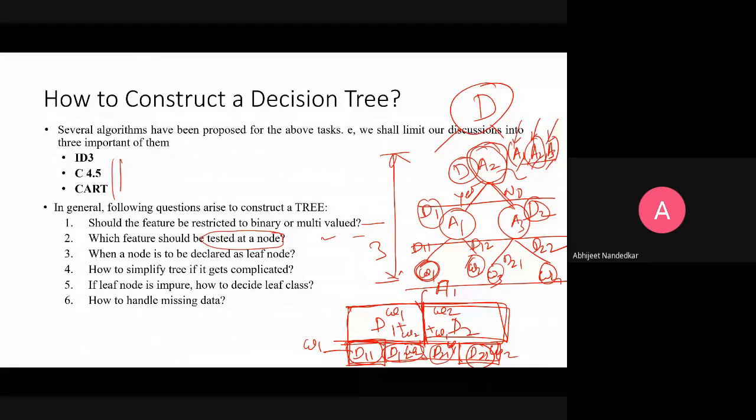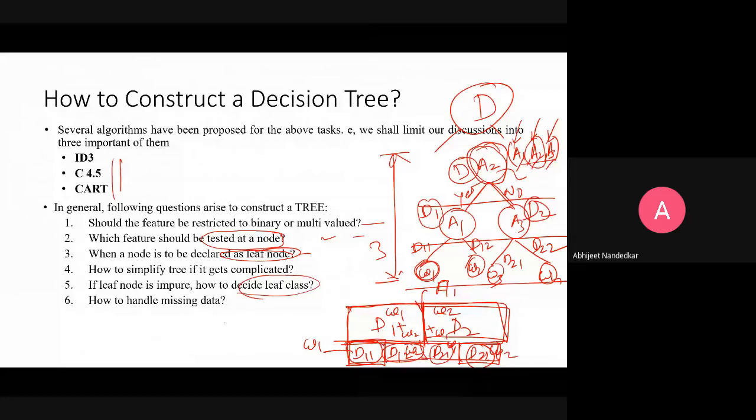Now, when is a node to be declared a leaf node? That is the question. As I said, when you get a pure data subset, then you can stop. Many times it is not possible to get a pure data subset at the last node. You have to have some impurity, and then you have to deal with it. In that case, we decide the class of that leaf node based on majority.